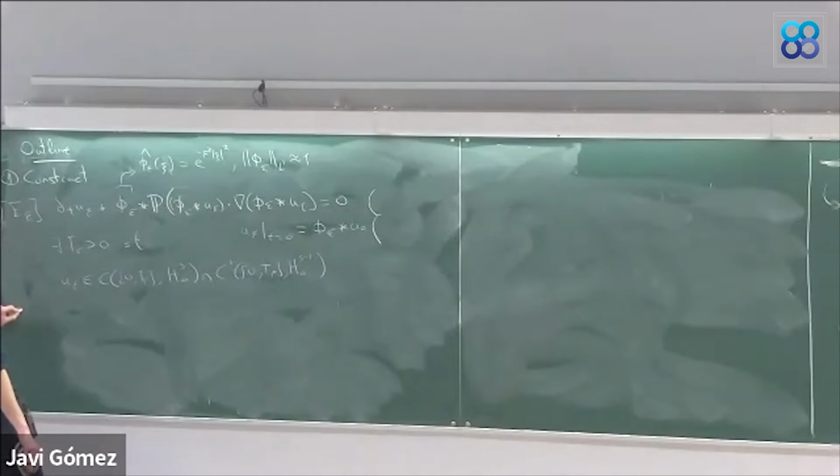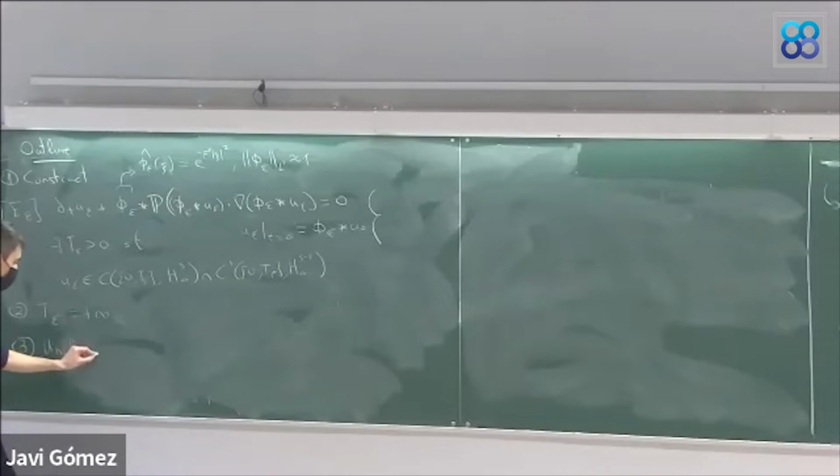Then the second step: once we have a family, a sequence of solutions, each one of them might live for a different time T epsilon. So we want to show that all of them share a time interval. I will show in particular that T epsilon can be taken as infinity, so all the regularized solutions are global. Once we have this sequence of solutions, we want to extract a subsequence, or show that they converge to something that solves the Euler equation.